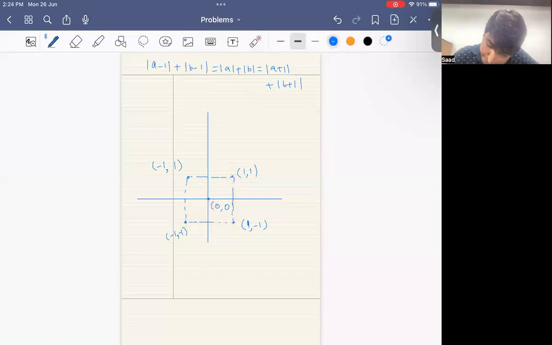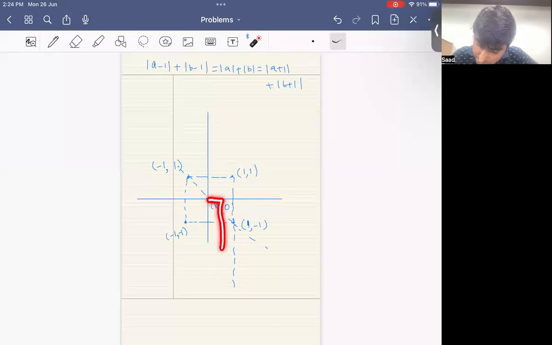Now, it's almost trivial to see that any point which lies in this region is not one of those points that you're interested in, and that's simply because its distance from the origin is not going to be equal to its distance from 1, 1.